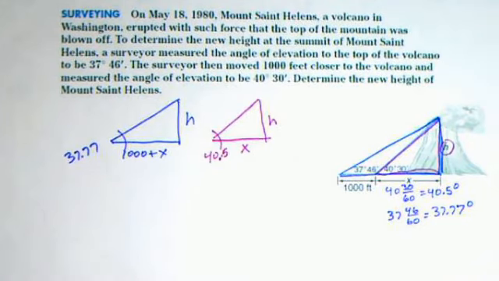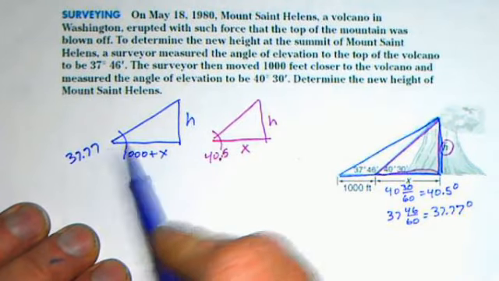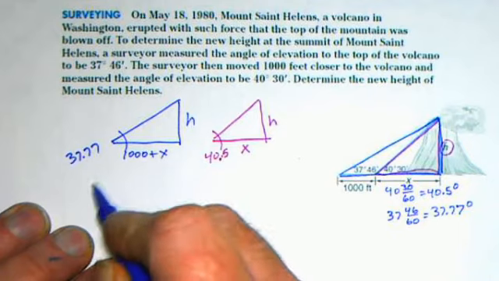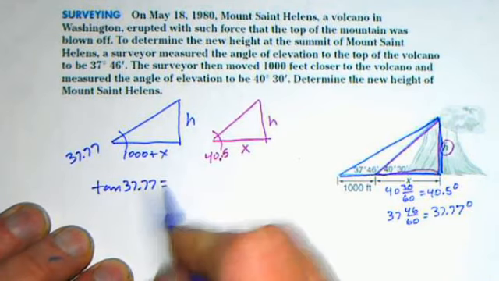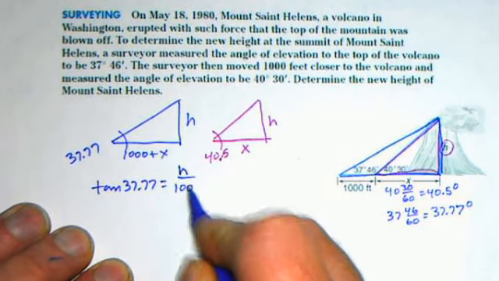So we want to write a trig ratio that goes with each one of these situations. With the larger triangle, we've got an opposite over adjacent, that's a tangent. So tan 37.77 is equal to h over 1,000 plus x.